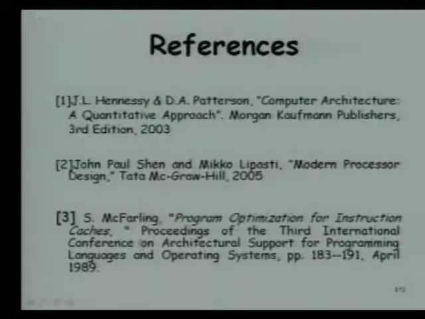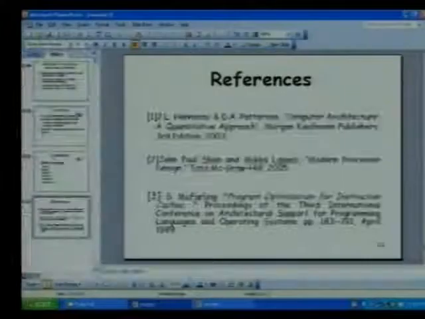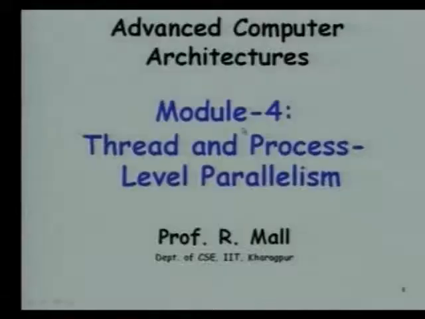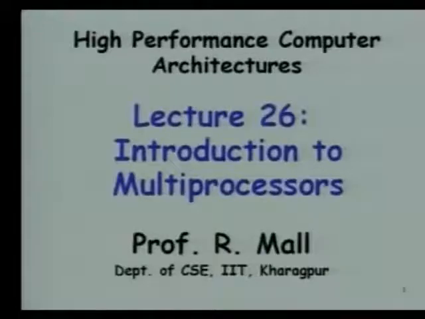So, now we will start discussing multiprocessors. Let us look at thread and process level parallelism. First, let us have an introduction to multiprocessors, and then we will see the various issues that are present in them.